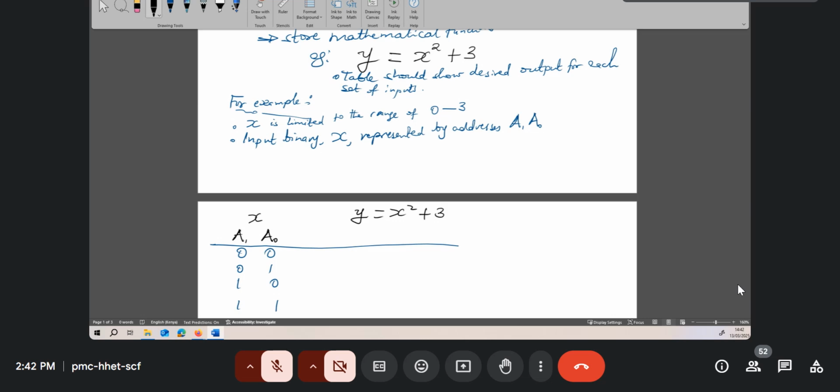So where we have limited x to be in the range of 0 to 3, that is just 2 bits. What will be the range of y? Somebody? If we limit our input x to be in the range of 0 to 3, what will be the range of y?